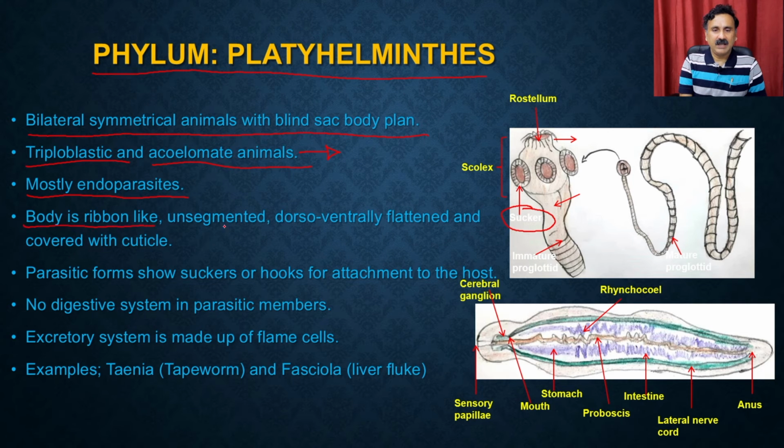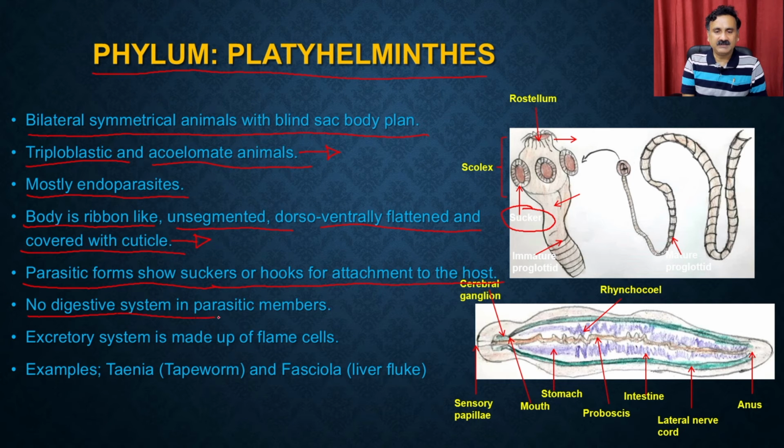The body is ribbon-like, unsegmented, dorsoventrally flattened, and covered with a cuticle. The cuticle is a covering which protects the body from damage. Parasitic forms show suckers or hooks for attachment to the host.